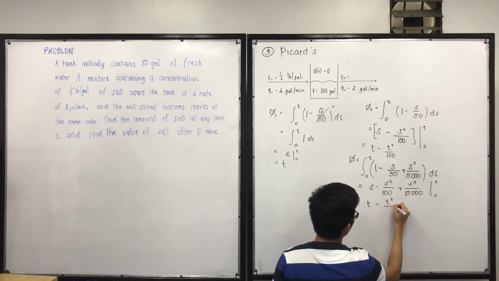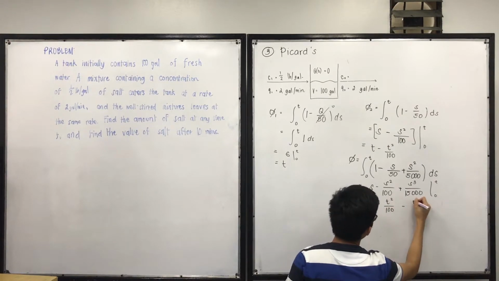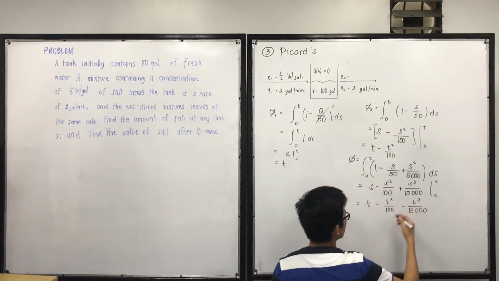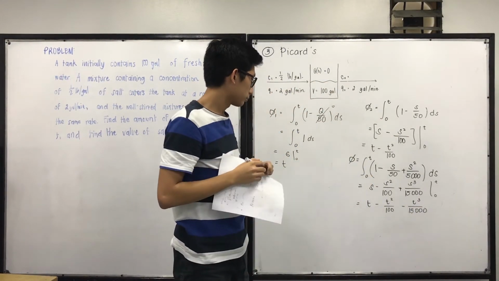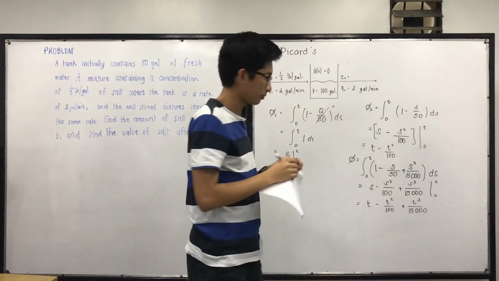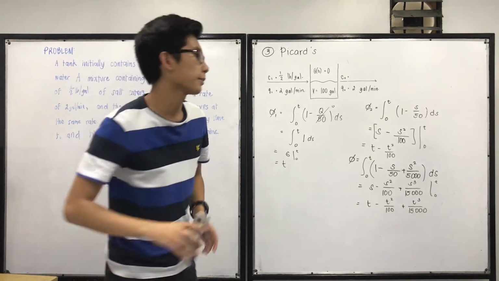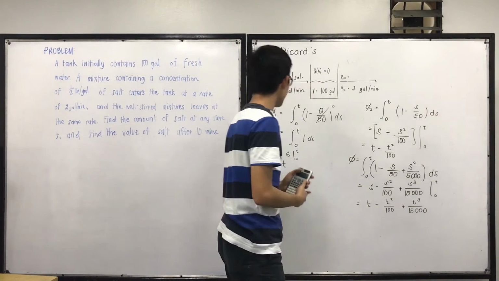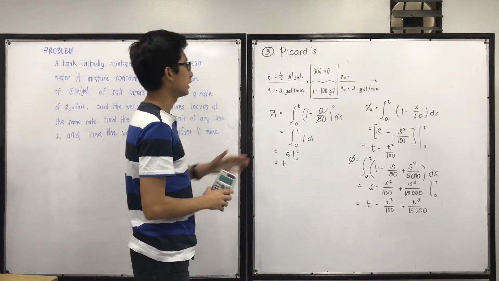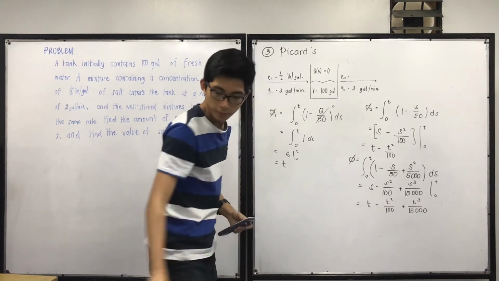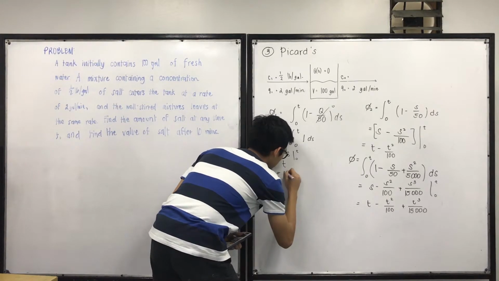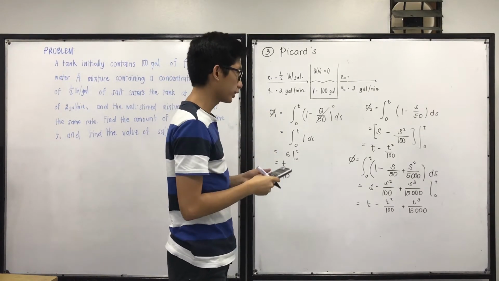t squared over 100 plus, again, t cubed over 15,000. To show you what I'm saying a while ago, we will substitute the given minute, which is 10, to get the concentration.